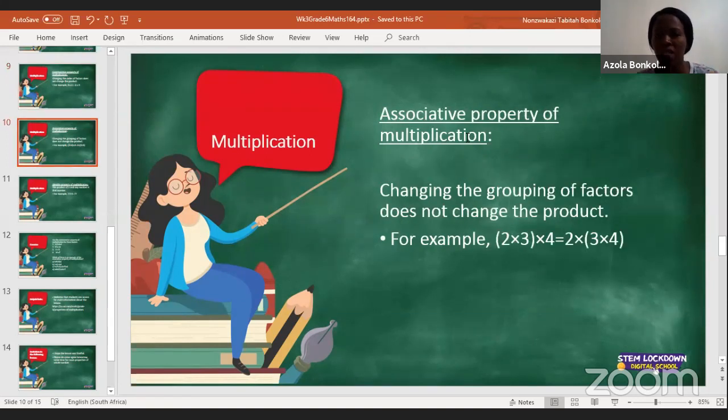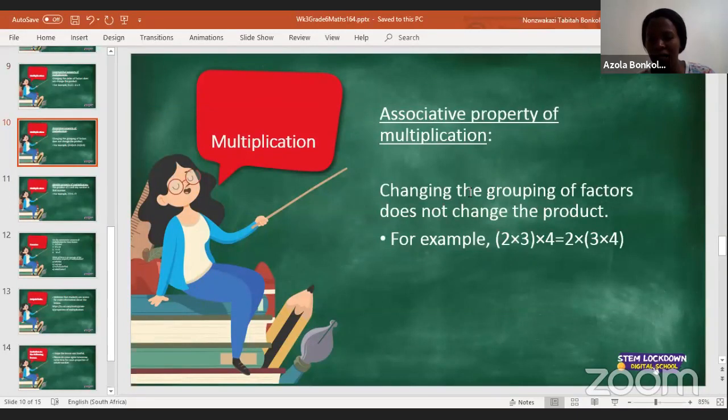Now we move to the associative property of multiplication. It means the same thing that we were doing in our addition, but now we are multiplying. Okay, we're still grouping the numbers. We have 3 digits: 2, 3, 4. Those are our numbers. But now we are first going to group 2 multiplied by 3, and then outside of our brackets we'll have multiplied by 4.